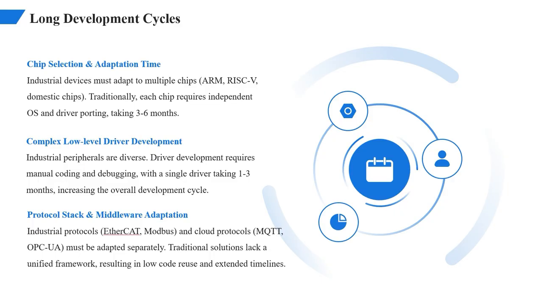Industrial protocols like CAN and Modbus, combined with cloud protocols such as MQTT and OPC, must each be adapted. Traditional solutions lack a unified framework, resulting in low code reuse and further extending development time.